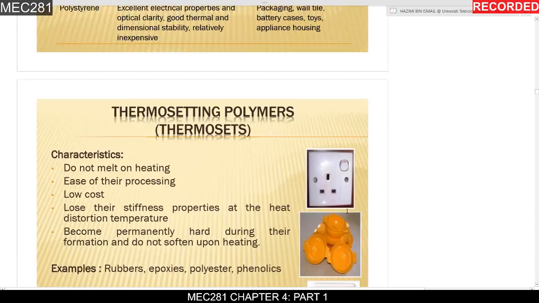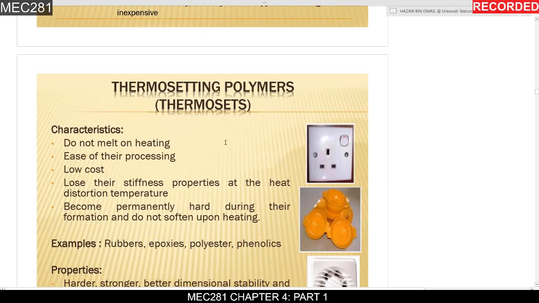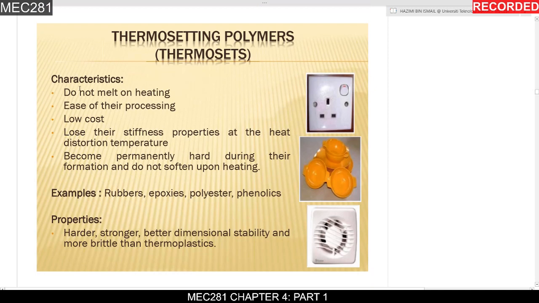Okay, and then we go to the thermosets. Characteristics of thermoset: does not melt on heating, ease of processing, low cost, loses its stiffness properties at the heat distortion temperature, becomes permanently hard during formation, and does not soften upon heating. Examples are rubbers, epoxies, polyesters, and phenolics.